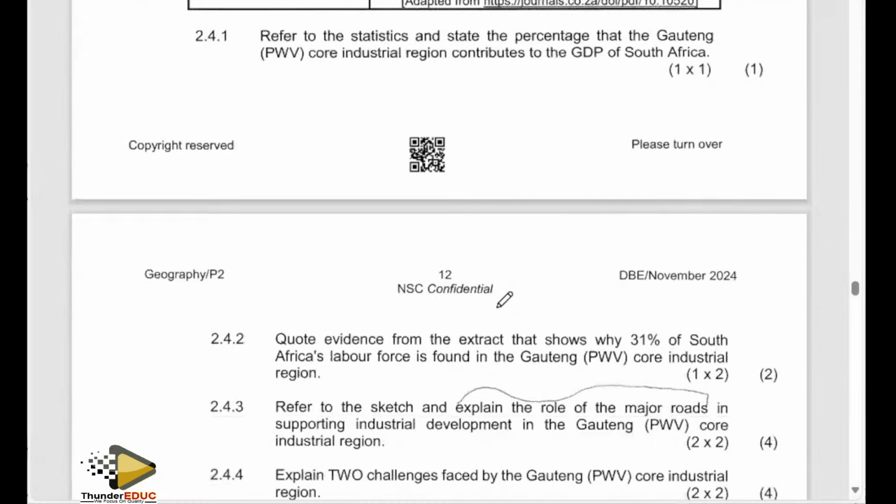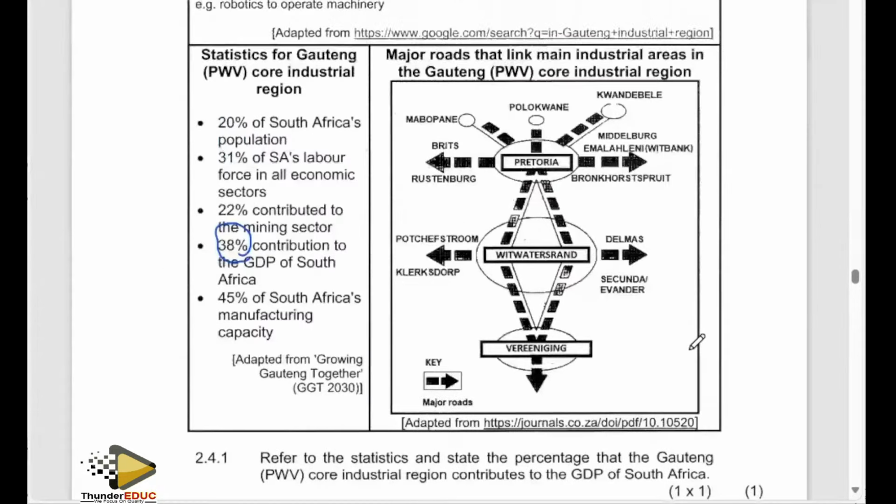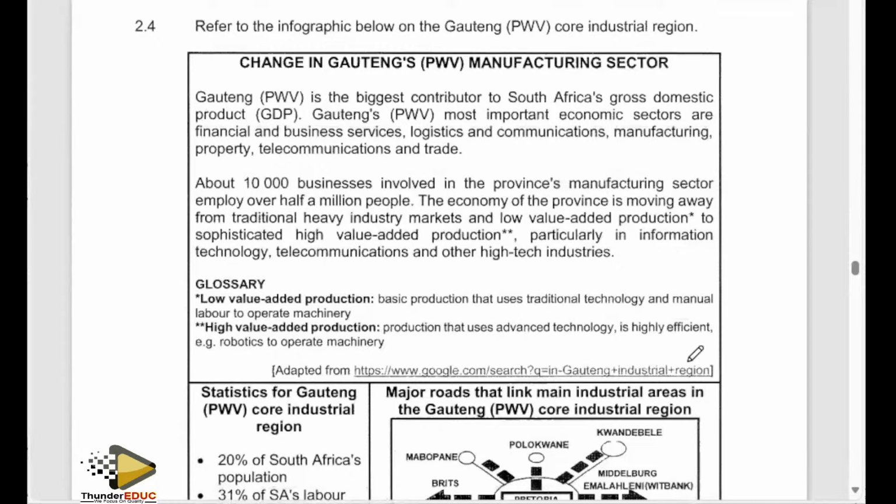It says, quote evidence from the extract that shows why 31% of South Africa's labor force is found in the Gauteng PWV core industrial region. Quote evidence from the extract that shows why 31% of the labor force is found in that particular industrial region. Right.